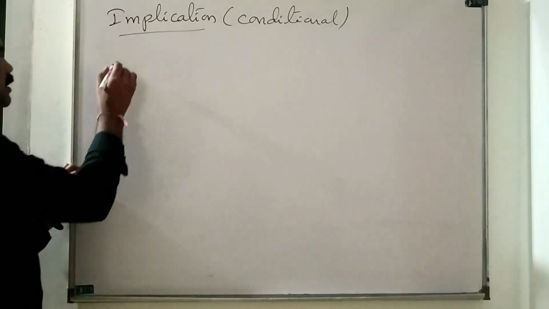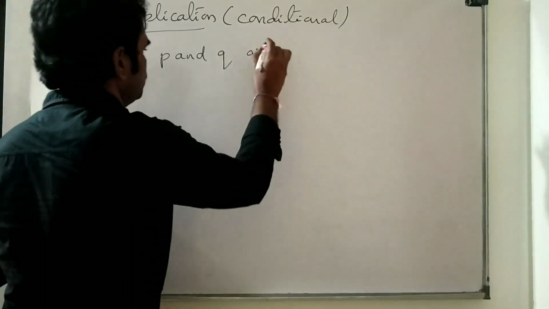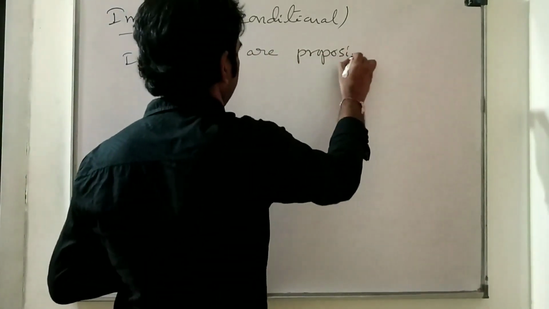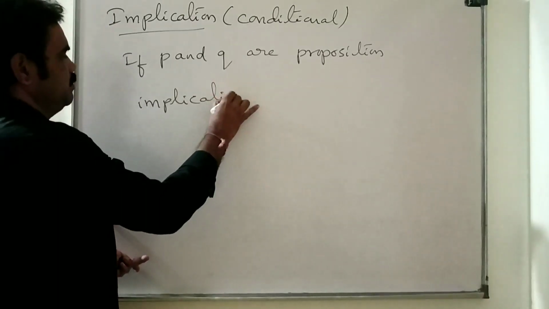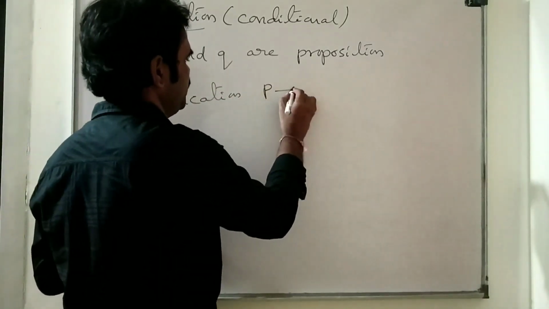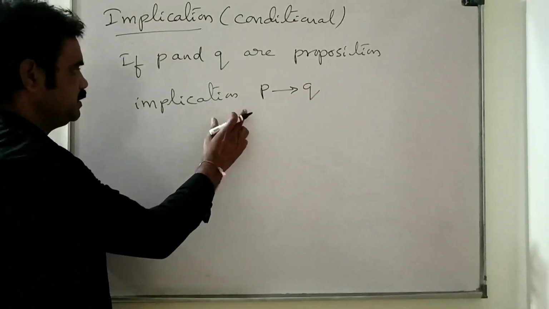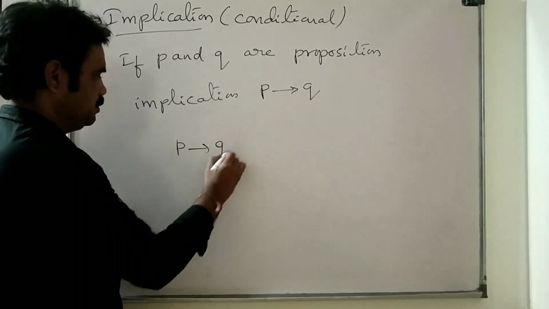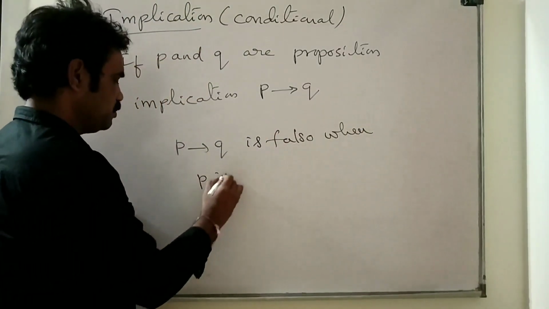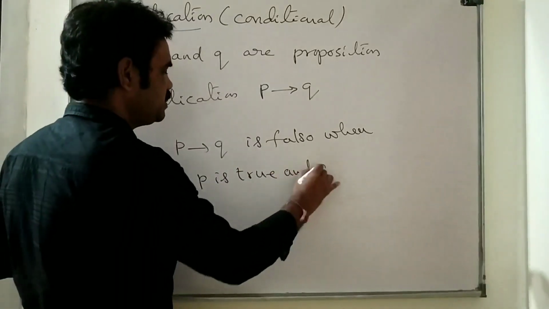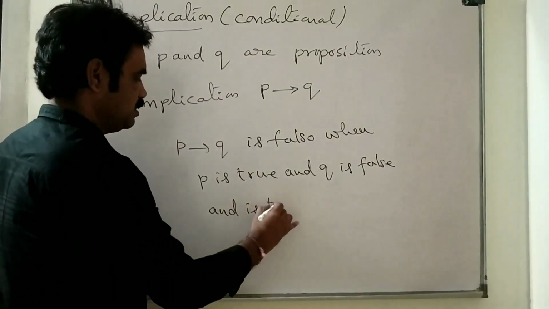If P and Q are two propositions, then the implication of P comma Q, denoted by P implies Q, is false when P is true and Q is false, and is true in all other cases.